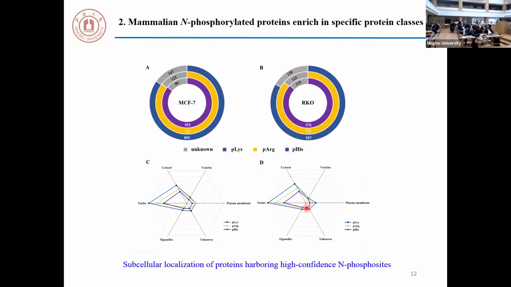We further analyzed the subcellular localization of these proteins harboring high confidence sites. Results show those proteins are predominantly enriched in the nucleus, followed by the cytosol.